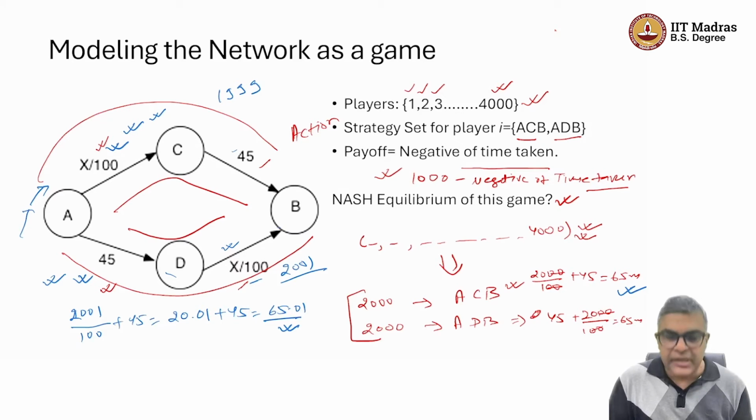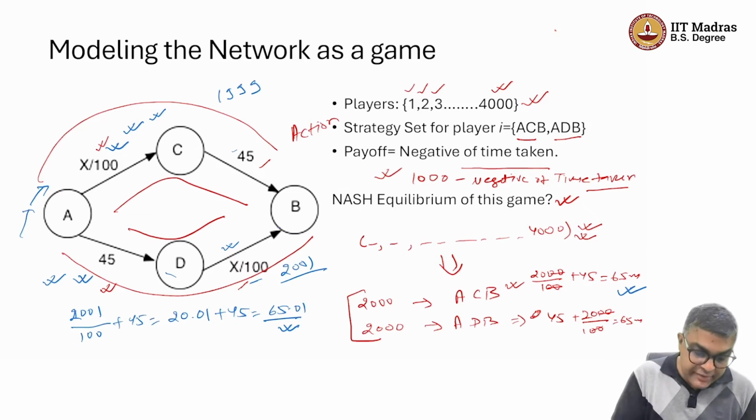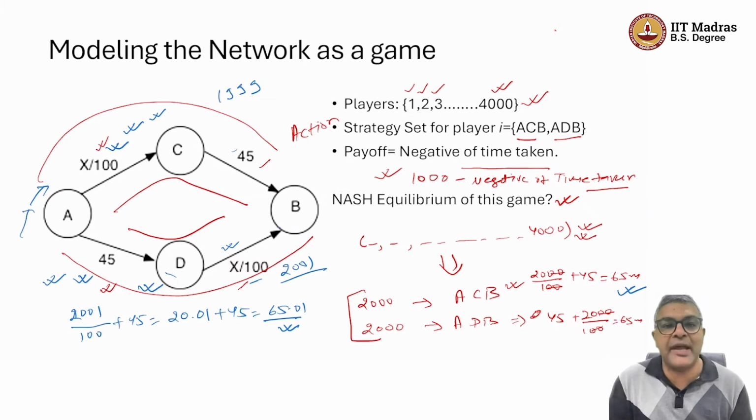So he doesn't have an incentive, and all the other 2000 drivers are like this driver, they would follow the same math. The 2000 drivers following ADB will have the exact same logic.